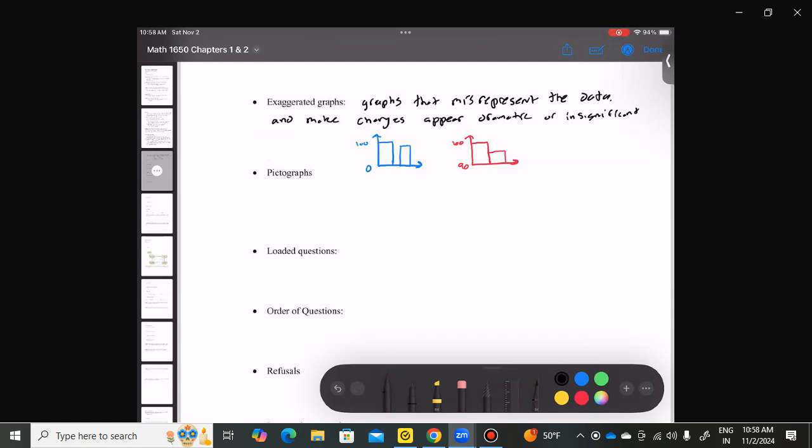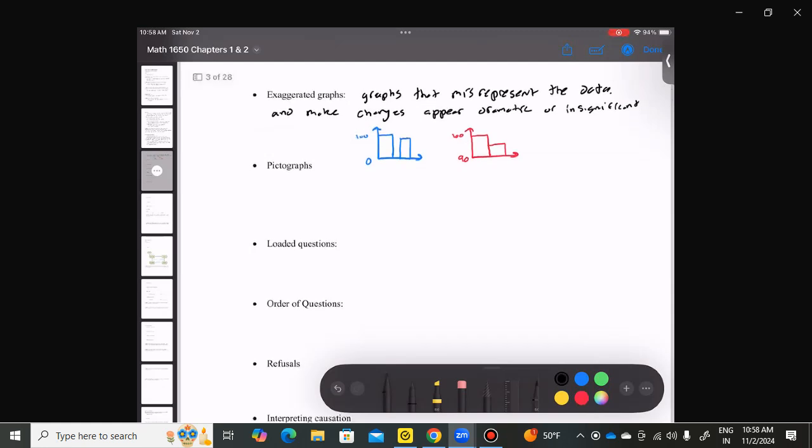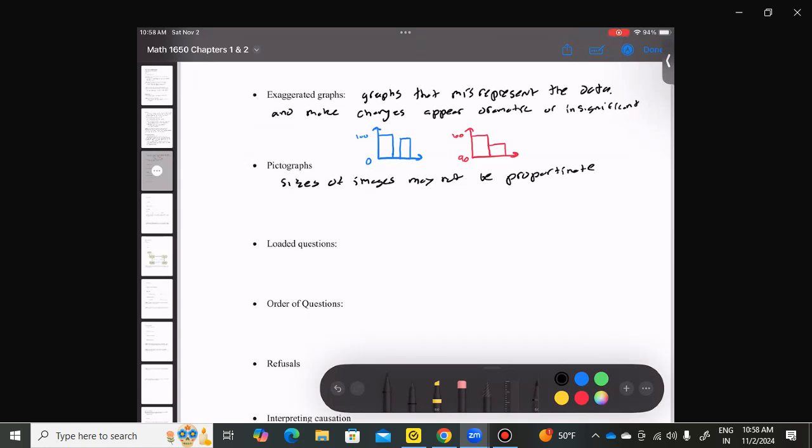The next one is very similar, but with more pictures. Sizes of images may not be proportionate to data changes or data differences, misrepresenting the data.